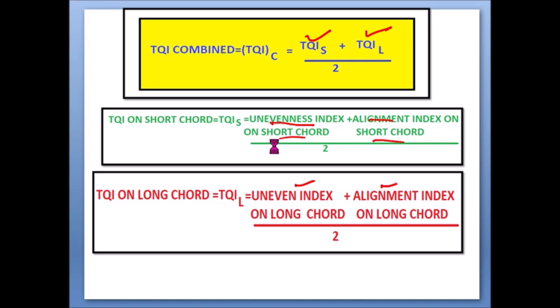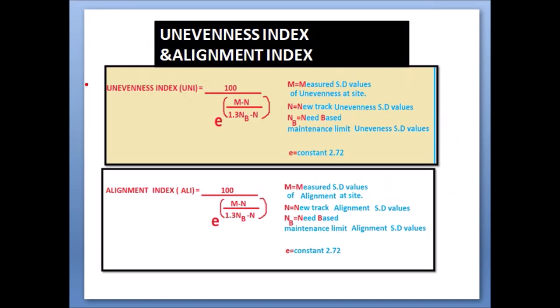To calculate unevenness index, we require M, N, NB. We have seen in detail in the last video what M and N are. M is the measured SD, N is the new track SD, and NB is the NBML SD.